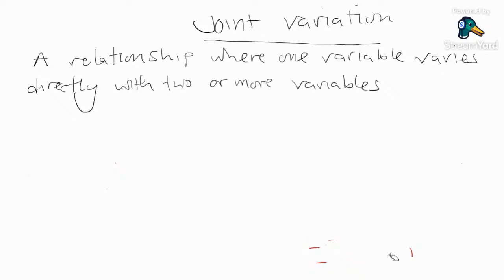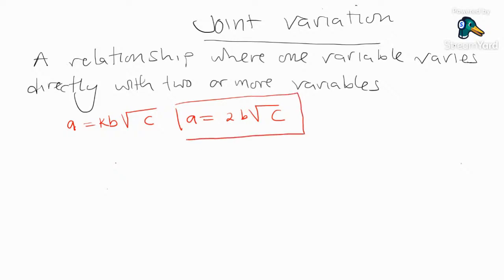So now, after finding K, it's very important that you put it in the formula. So we had A equal to B, that is K, square root of C. So since we found K, this one is going to be A equals 2B square root of C. So this is the one that we are going to use to find the follow-up questions.